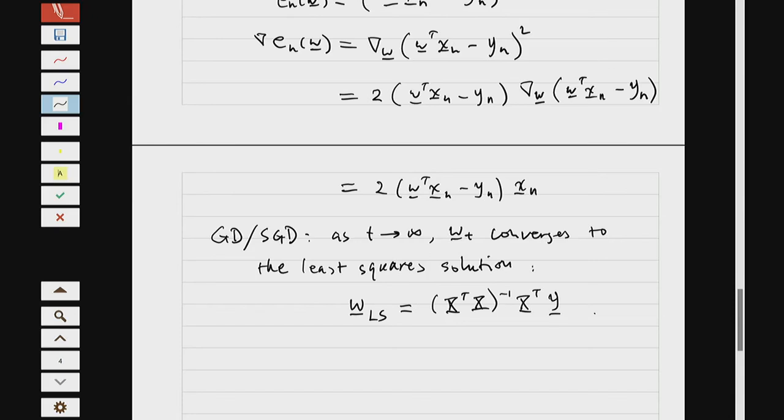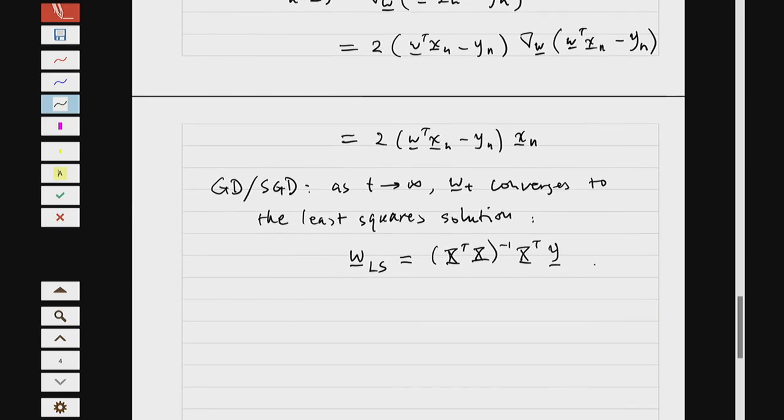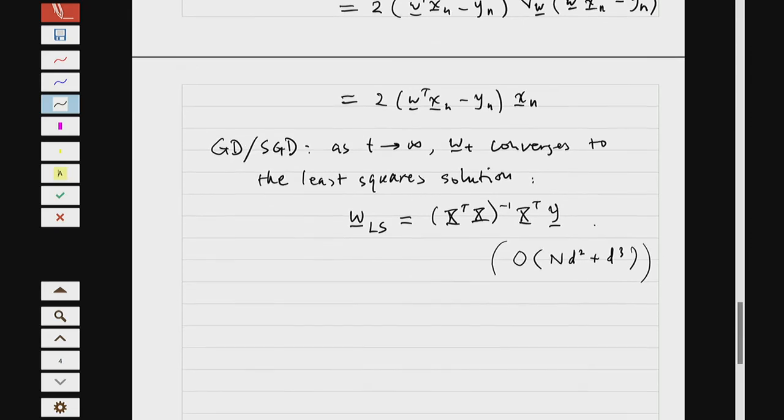This is one good answer. One reason is that this calculation can be highly complex if your n is large. You can work out the arithmetic; the complexity turns out to be md squared plus d cubed. I think this is the number of multiplications, but anyway, that is the complexity.